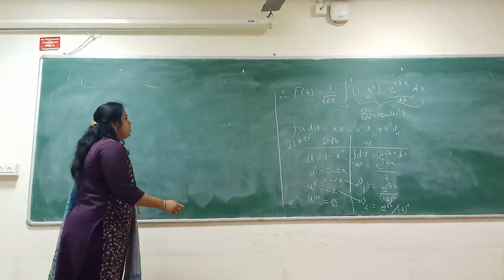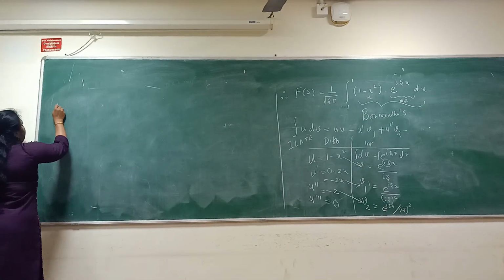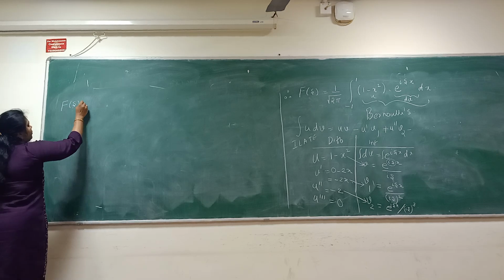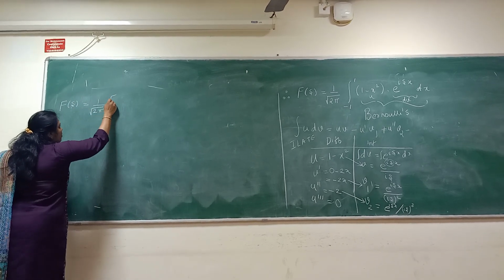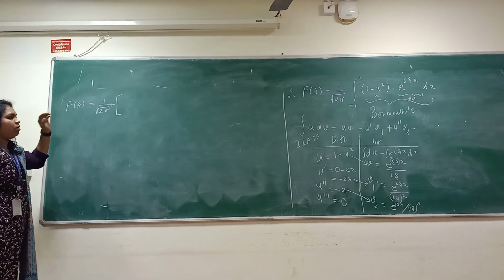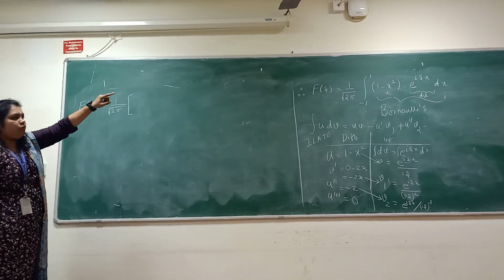plus 1. So capital F of s is 1 by root of 2 pi, taking the common term outside because that is in the formula, u into v.